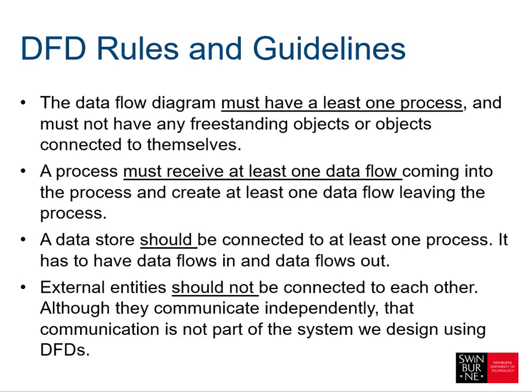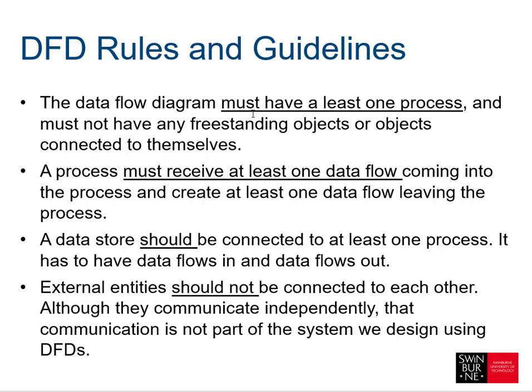Alright, now let's go through data flow diagram rules and guidelines. These rules and guidelines are very important. When you construct your data flow diagram, make sure that you adhere to these rules. Data flow diagrams must have at least one process and must not have any freestanding objects or objects connected to themselves.